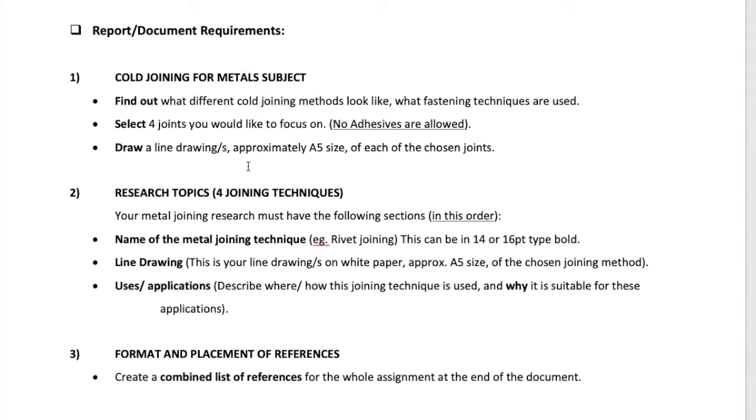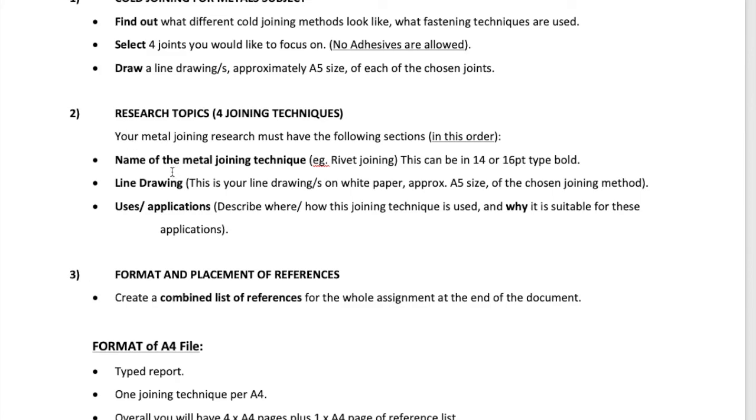What you have to do is find out what the different cold joining techniques look like. This is a research assignment, and you have to choose 4 joints that you want to focus on, no adhesives, and then you draw a line drawing of these joints, a typical isometric drawing.